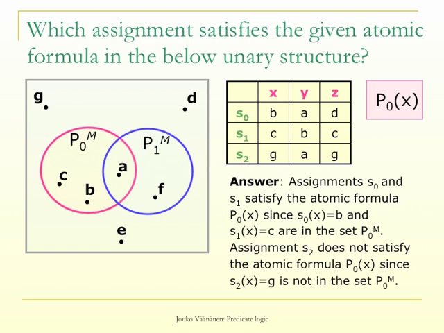So the answer is assignments S0 and S1 satisfy the atomic formula P0X since S0X equals B and S1X equals C, and they are both in the set P0M. Assignment S2 does not satisfy the atomic formula P0X since S2X is G and G is not in the set P0M.